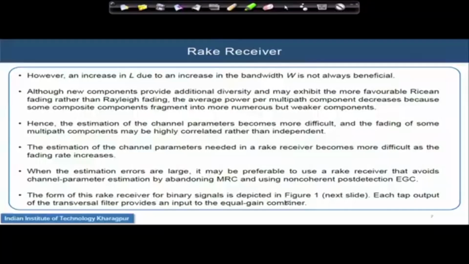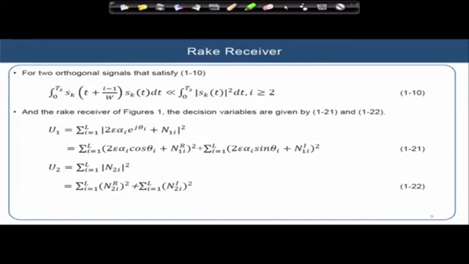Then we tried to understand which kind of combiner suits which scenario as the number of multipaths increases, where MRC is the good way to opt or EGC is, and whether the increment of L is beneficial to us in signal combination and detection or not. In those cases, we suggested using EGC if the capital L increases heavily.